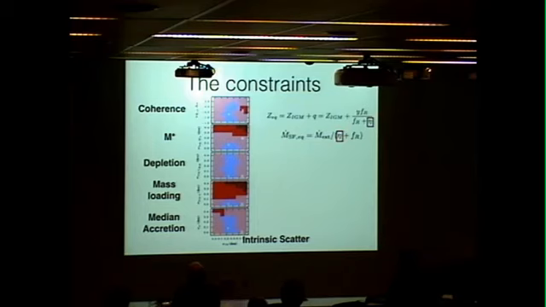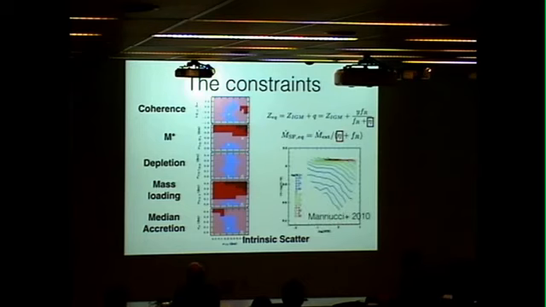So if you put a large scatter in the mass loading factor, you push the metallicity and the star formation rate in the same direction, and that creates a correlation. Whereas in the real universe, there seems to be an anti-correlation between the star formation rate and the metallicity.